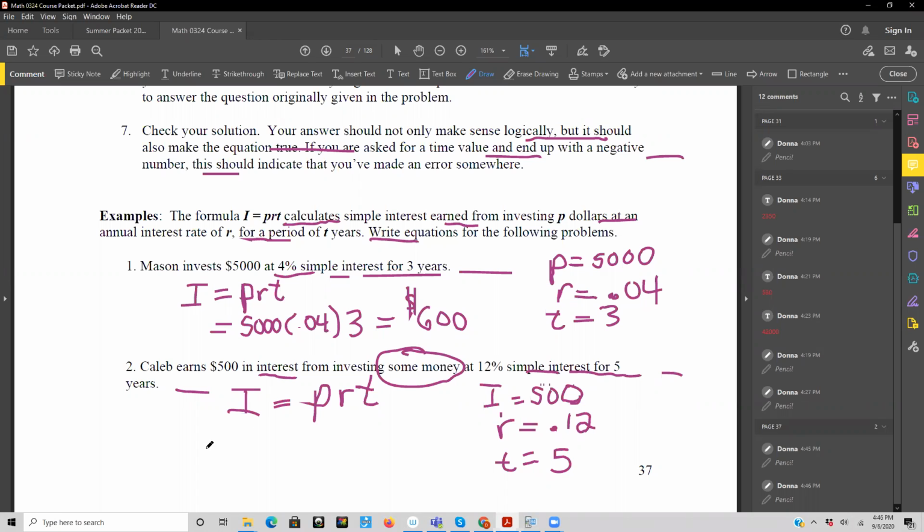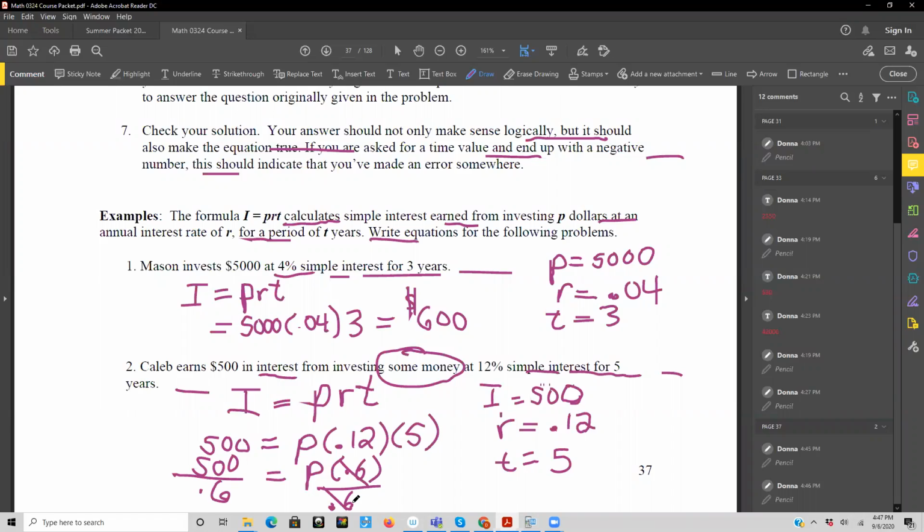So let's plug in the stuff I have. I is 500. The principal we don't know. The rate is 0.12, and the time is 5. So solve for P. I'll take 0.12 times 5 first, and I get 0.6. So I get P times 0.6 equals 500. To solve for P, since 0.6 is multiplying P, we're going to divide by 0.6 on both sides.